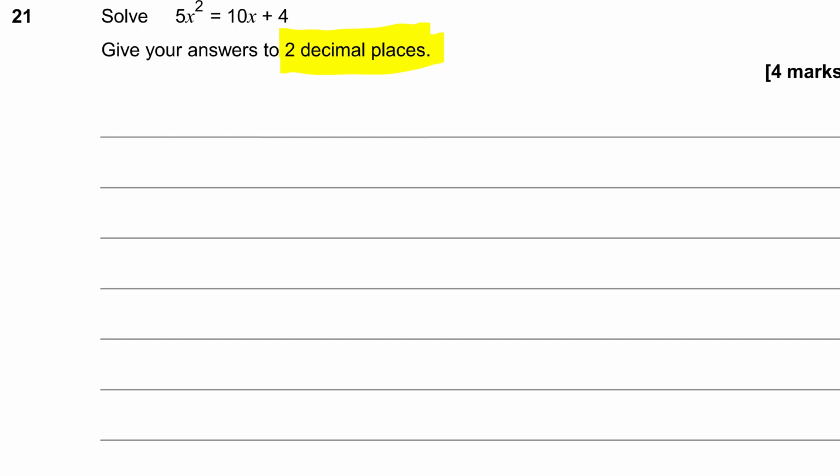So let's take our equation 5x squared equals 10x plus 4. Rearrange it to get everything on one side. 5x squared minus 10x minus 4 is equal to 0.